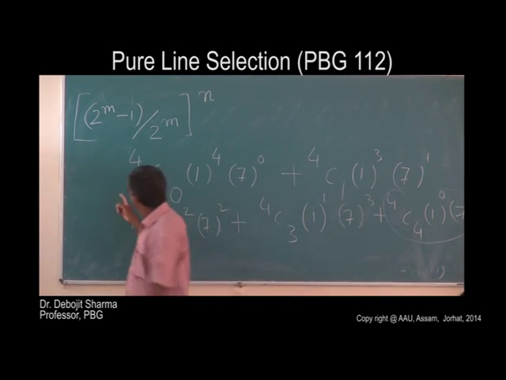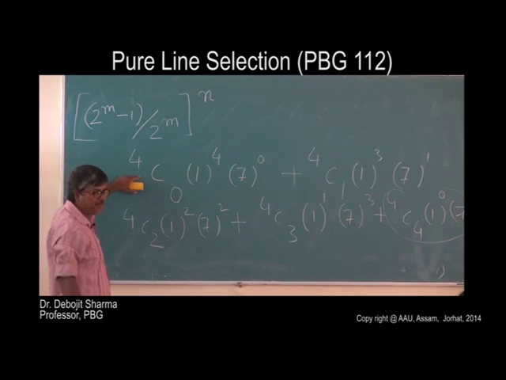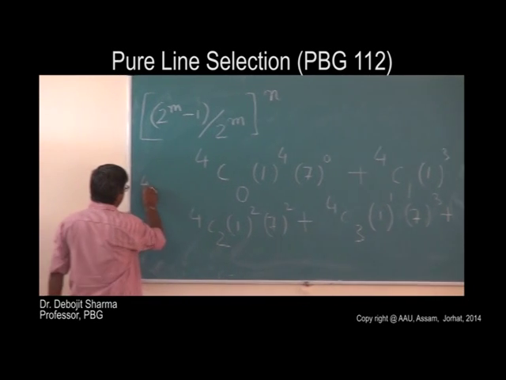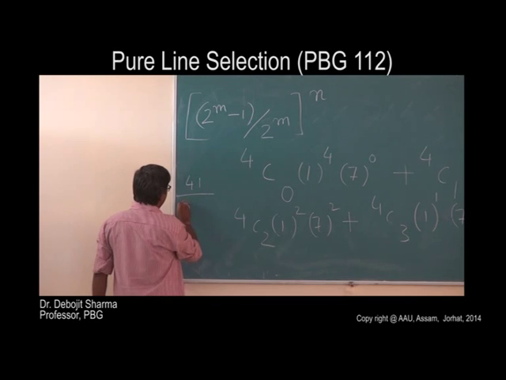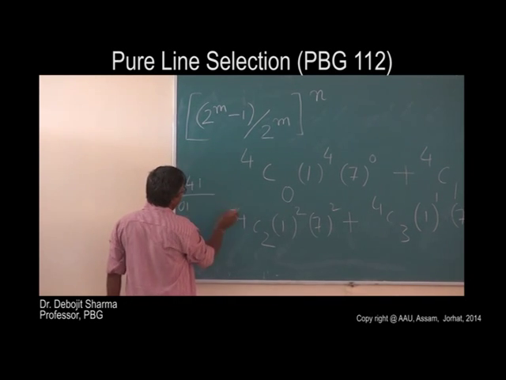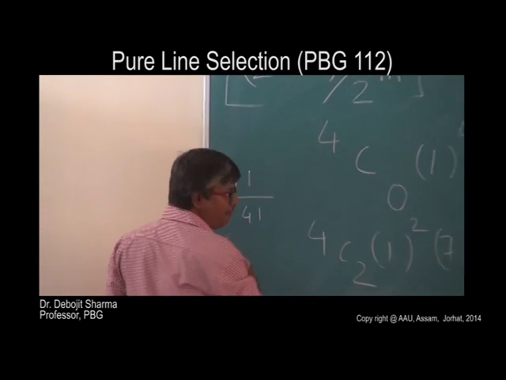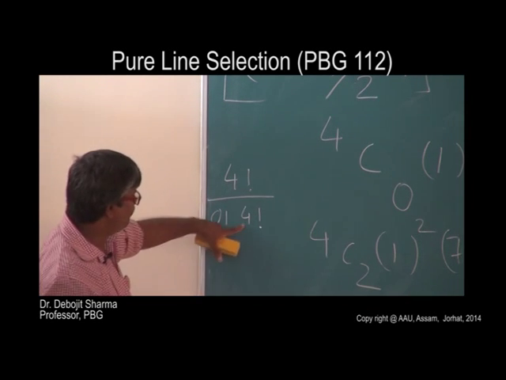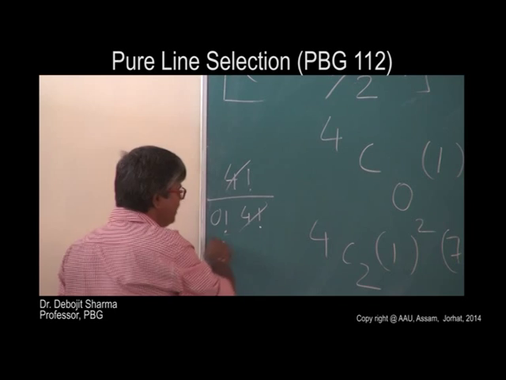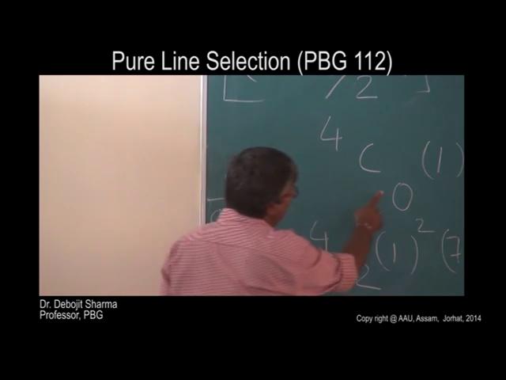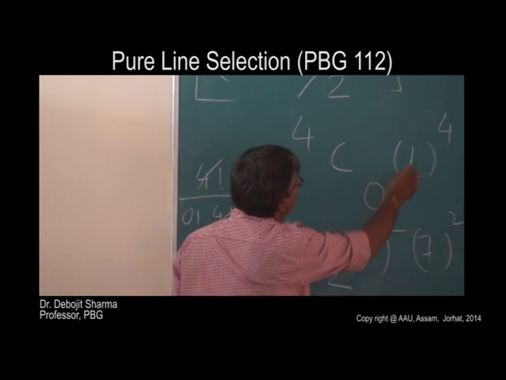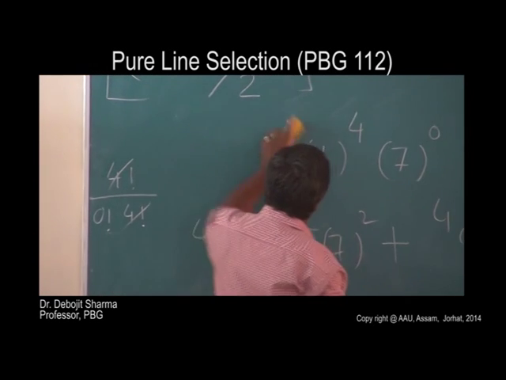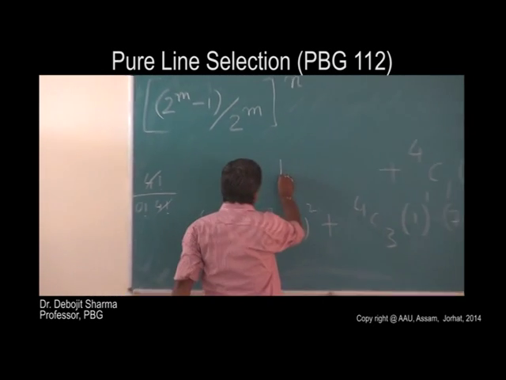You solve which term? Can you solve the first term? What will be? Factorial 4 divided by factorial 0, factorial 4 minus 0, factorial 4. So factorial 4 cancels, factorial 0 means 1. So ultimately this term will be 1. Good.